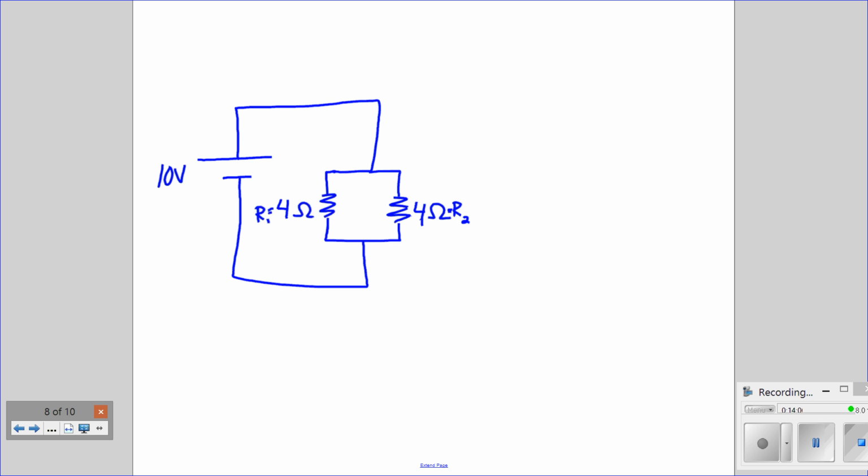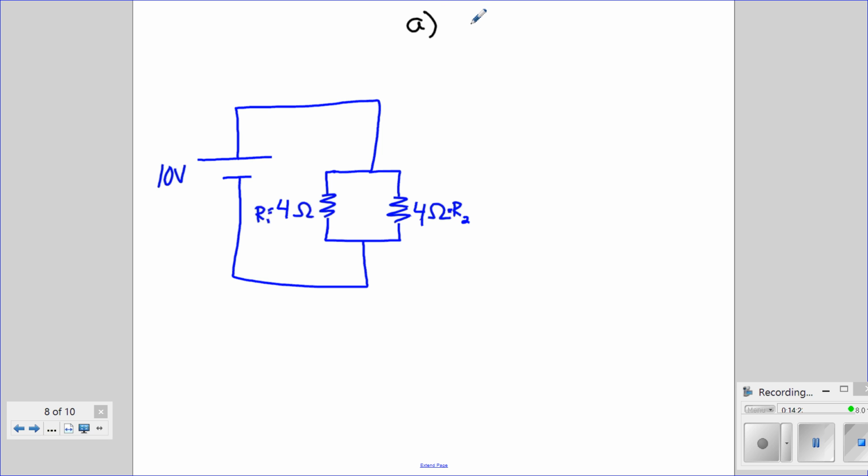And so looking at this problem, if we have a 10-volt battery connected to a 4-ohm resistor and another 4-ohm resistor in parallel, the first thing that we could do is calculate the total resistance.